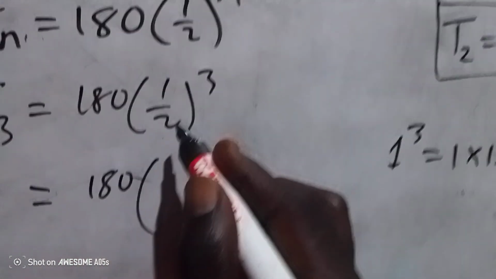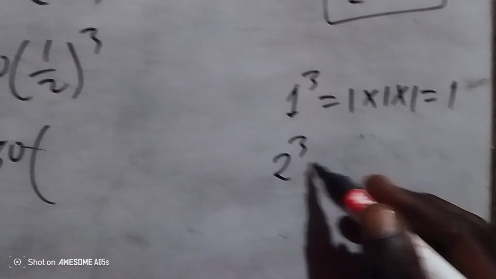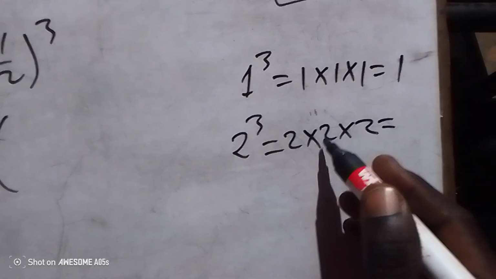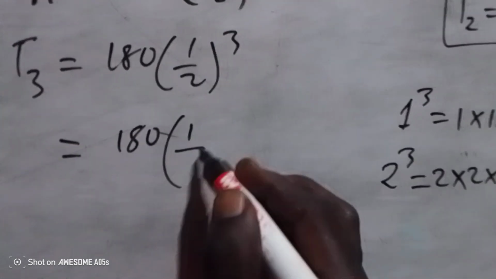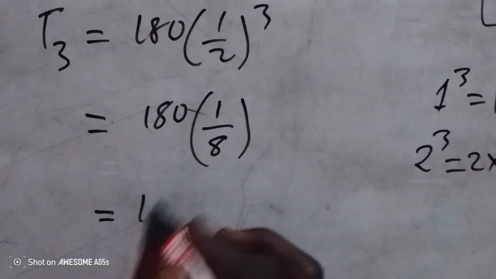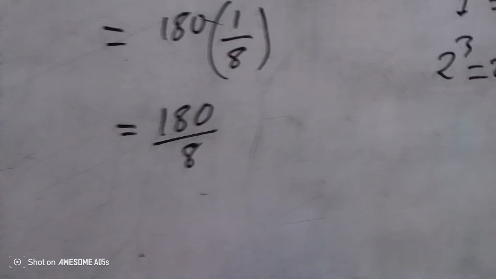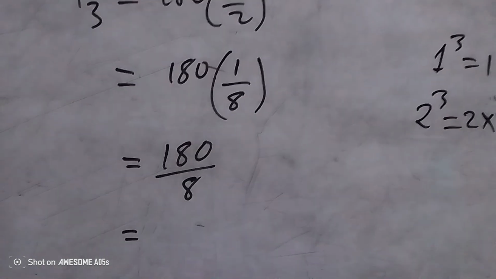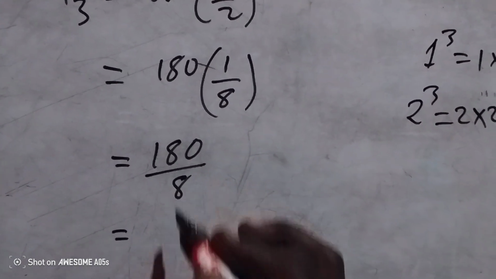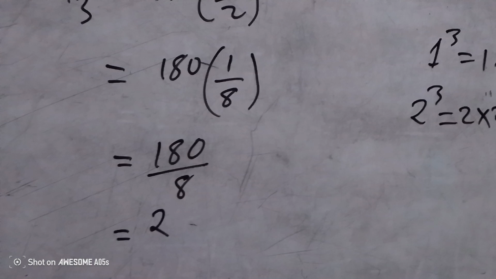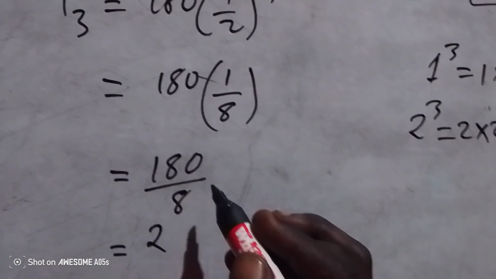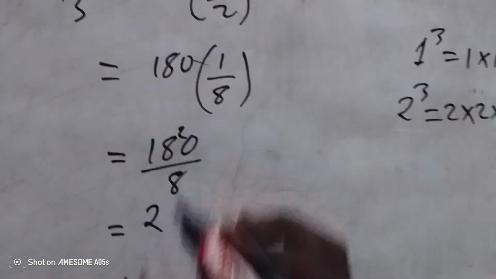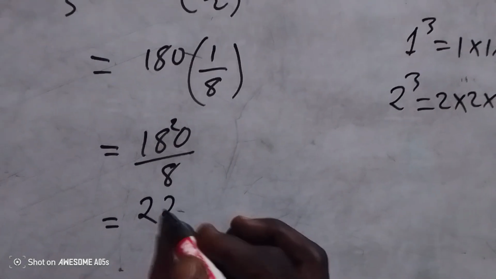Below we have 2 power 3, which means 2 multiplied by itself 3 times: 2 times 2 is 4, 4 times 2 is 8. So we've got 1 over 8. We know 1 will not change anything. Then 8 can go into 16 2 times, with a remainder of 2, which we say is 20. Then 8 into 20 again can only go 2 times.